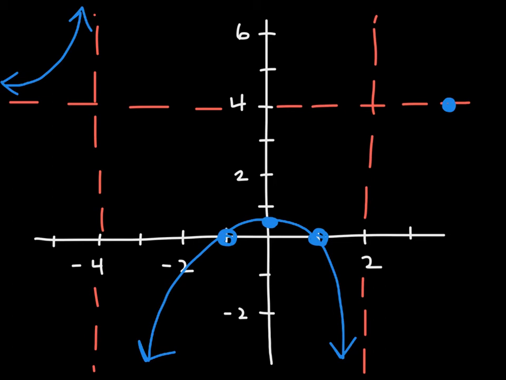So instead, the graph crosses right here, but then stays really, really close to the horizontal asymptote. All right, everybody, that was really cool.